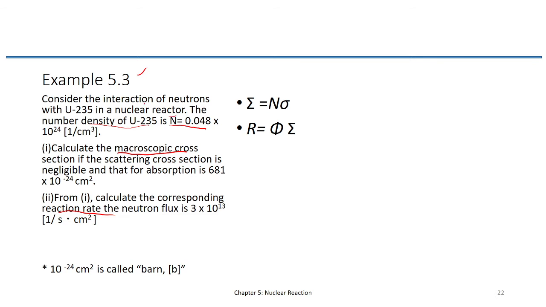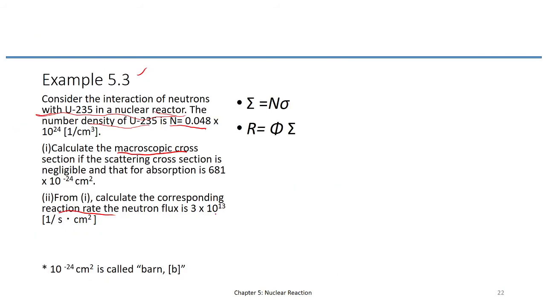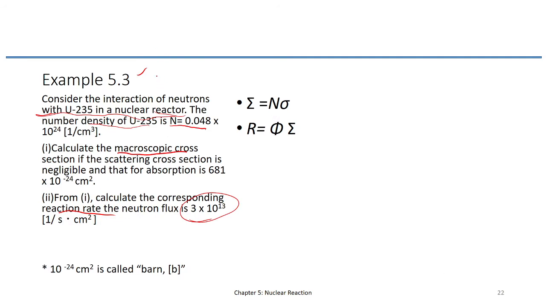I think this is a typical parameter in the nuclear reactor. I think this is for power reactor, because the neutron flux is higher than the neutron flux in research reactor.